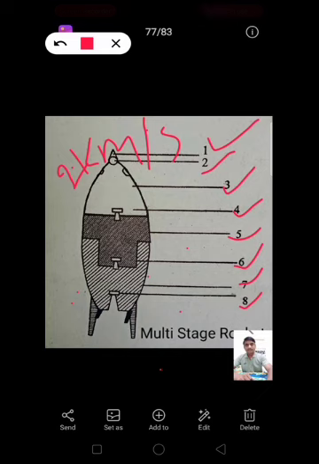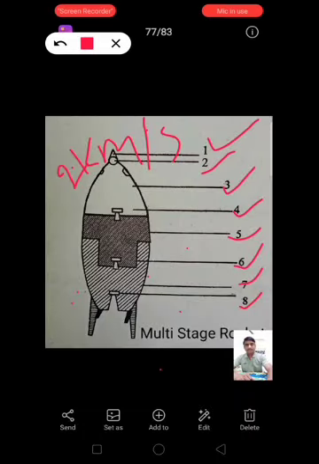Now the initial velocity for the rocket is not 0, it is equal to the velocity of the rocket at the end of the first stage, that is 4.6 kilometers per second. Thus, step by step, stage by stage, we get more velocity for the rocket. Finally we reach the point of launching the satellite into the proper space orbit.